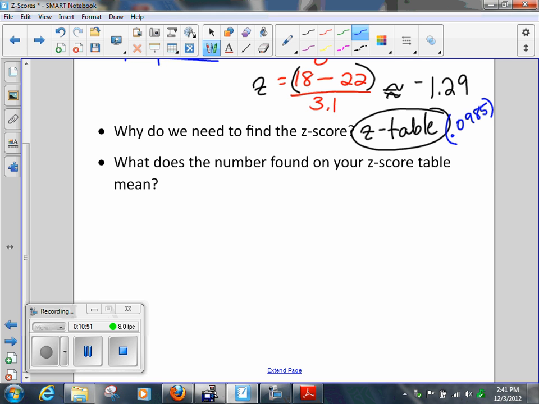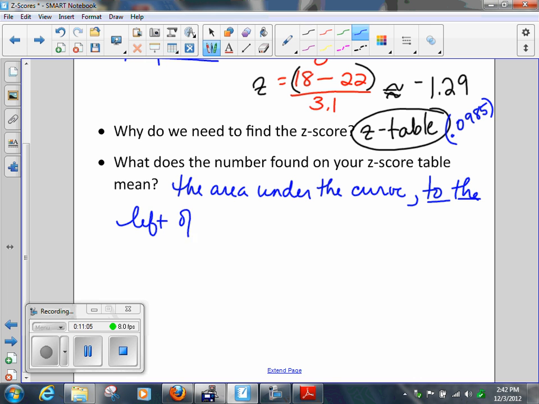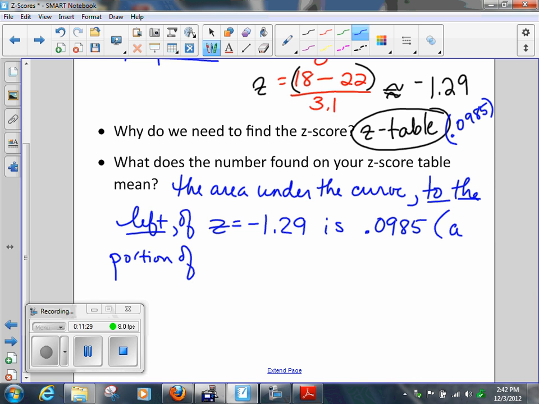It means that the area under the curve, this is important, to the left of our z, which is negative 1.29, is 0.0985. It is a portion of the area under that curve.